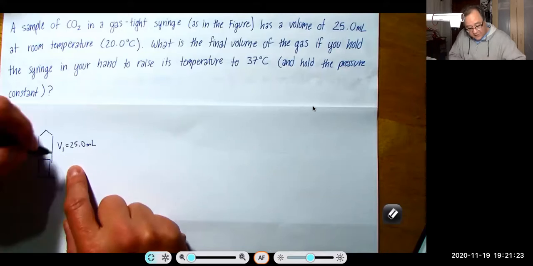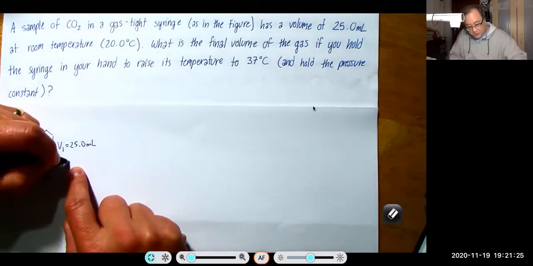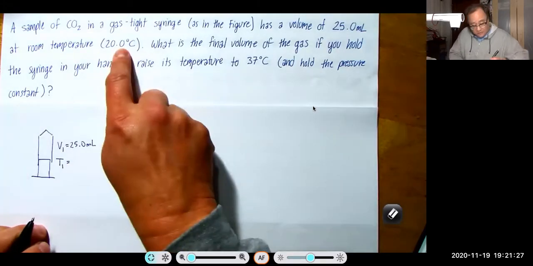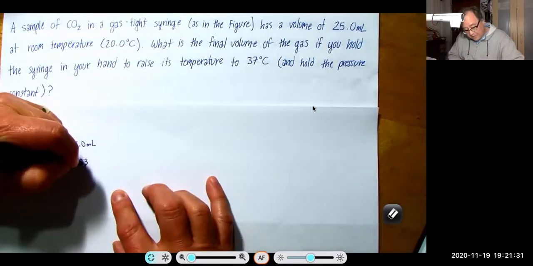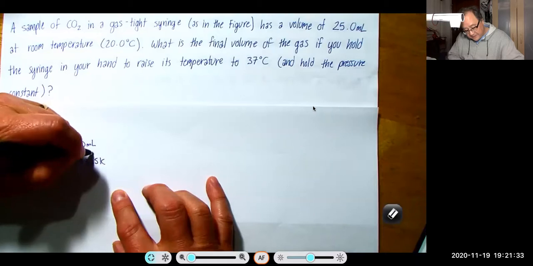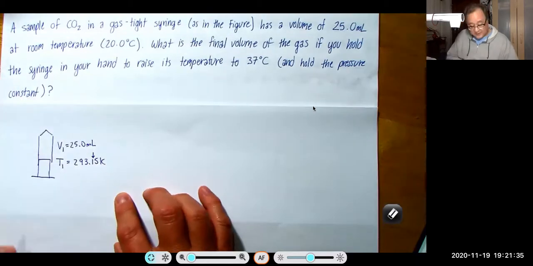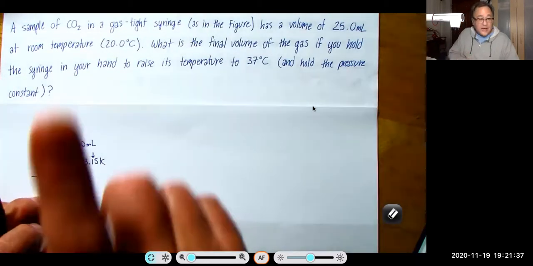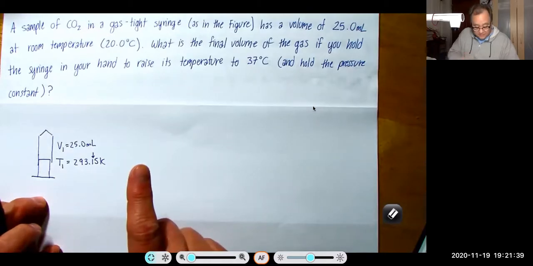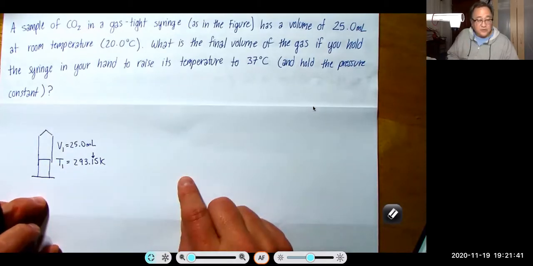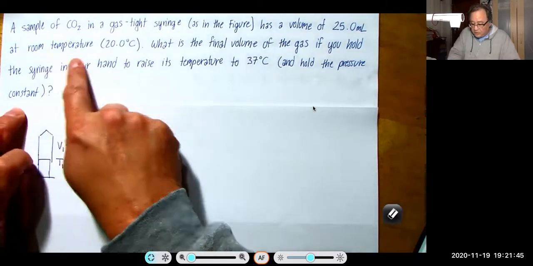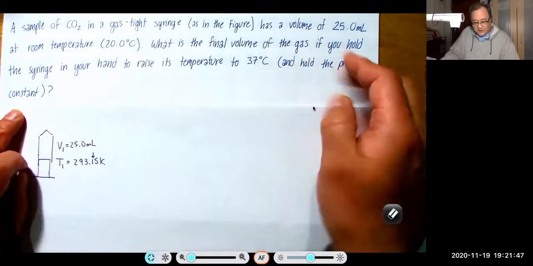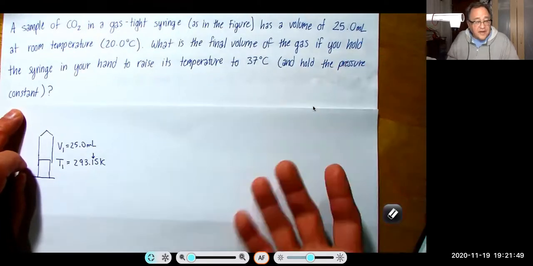Now it's room temperature. So I don't want to write 20.0. I want to write 293.15 K. And the reason we want to do that is because we don't do gas problems in Celsius. We do them in K. Now, what is the pressure of this syringe? We don't know. How many moles of gas are in this syringe?